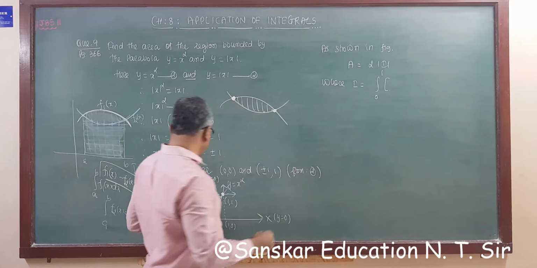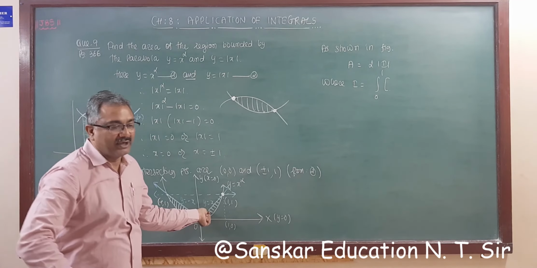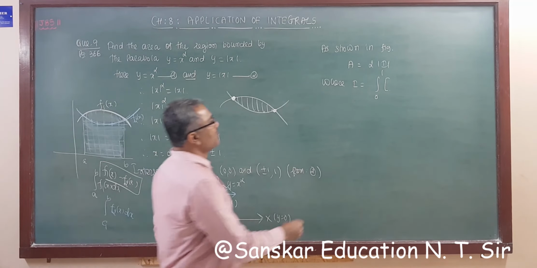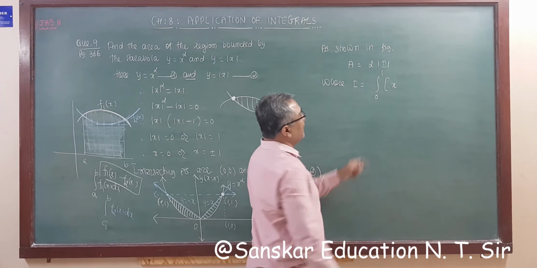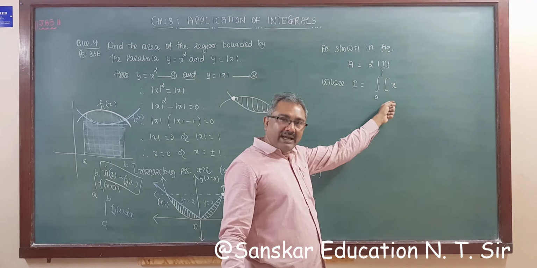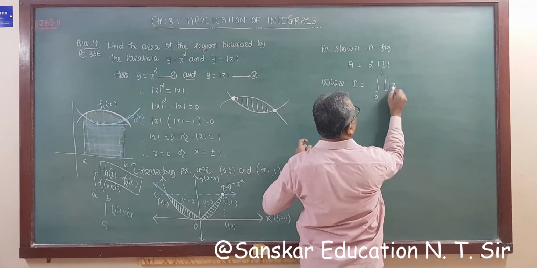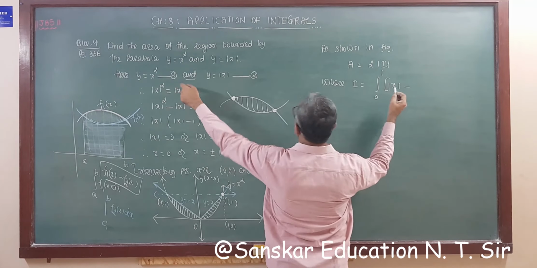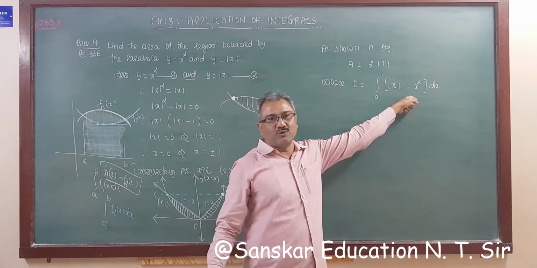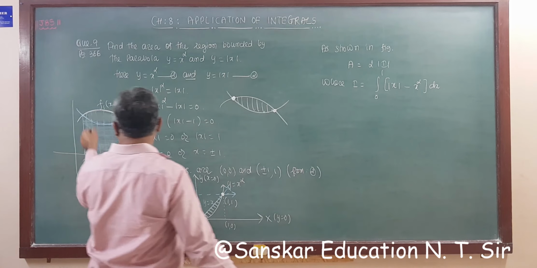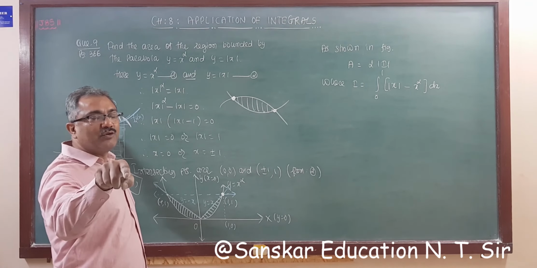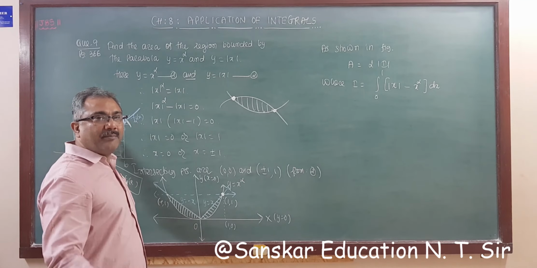For f1 we take mod x, so y is equal to mod x, but in the first quadrant we have the line x only. So in 0 to 1, mod x is equal to x, that you know, so that's why we are taking x, right? Okay, I'm writing first mod x minus x square dx, this is f1 minus f2. You can take either one; whether it is f1 minus f2 or f2 minus f1, it doesn't matter, right?